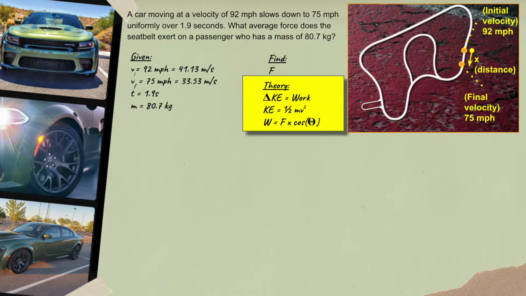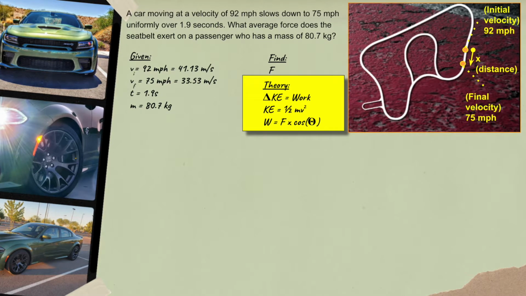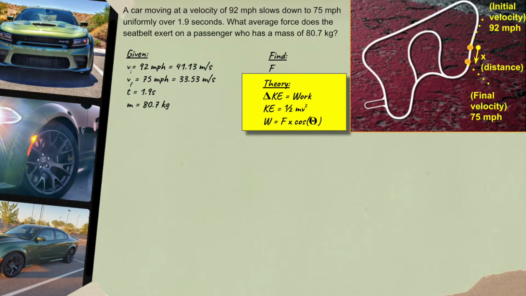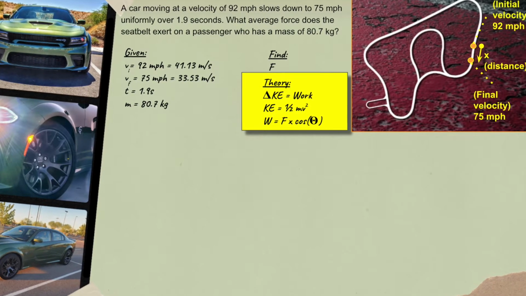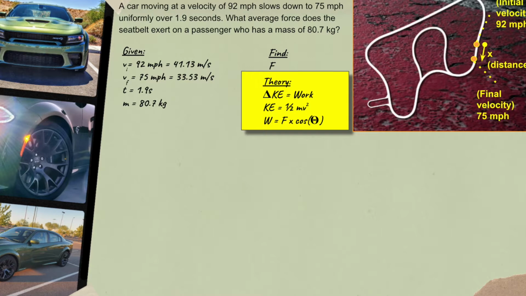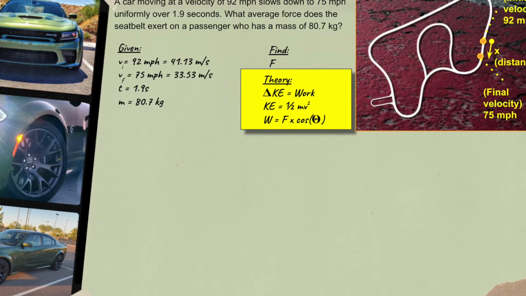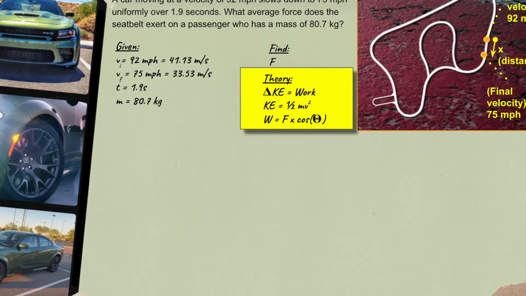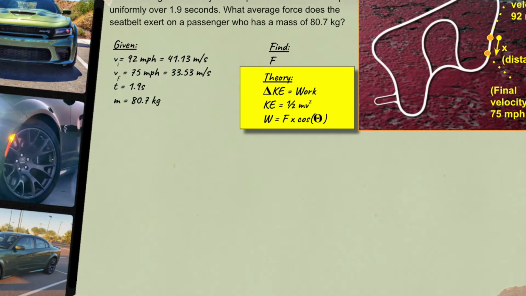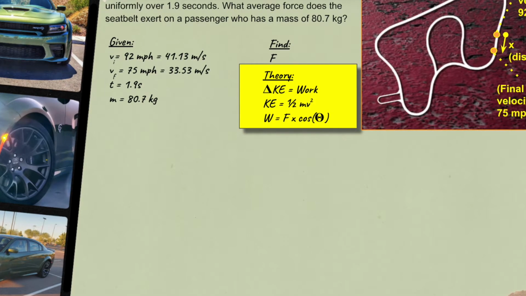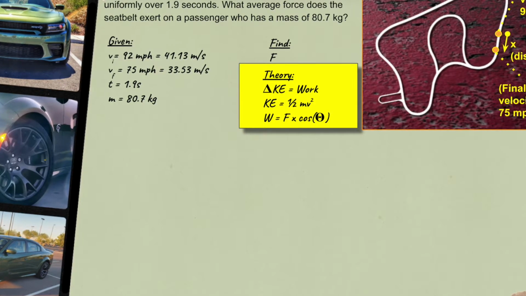Now, to solve this, we must consider that the work done by the seatbelt is equal to the change in kinetic energy, or delta KE. Remember, the equation for kinetic energy is KE equals 1/2 times the mass times the velocity squared. Taking a look at work equals force times distance.